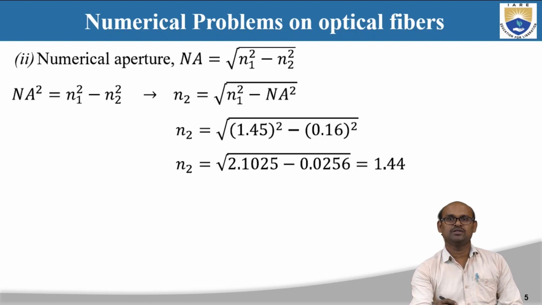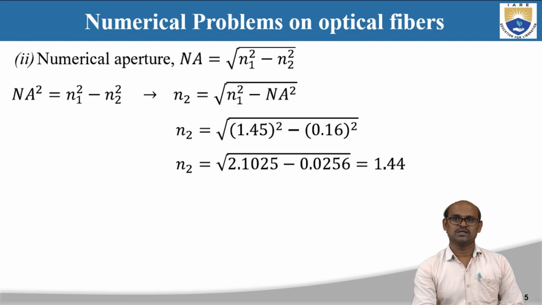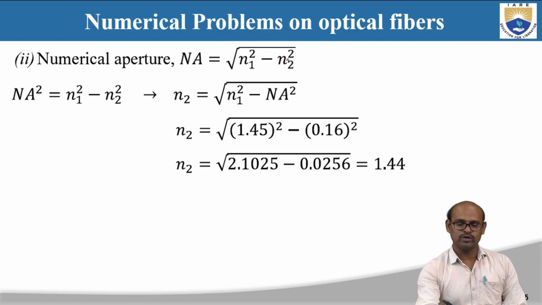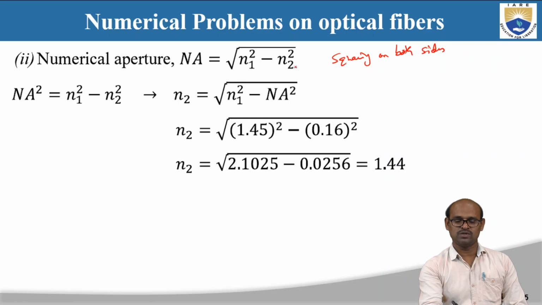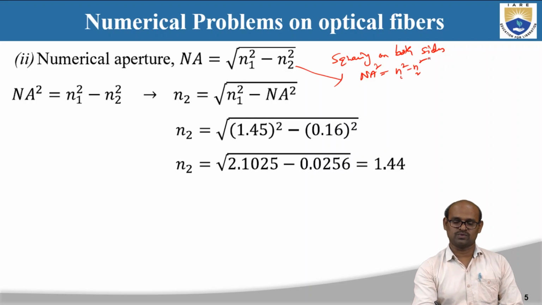Now we need to calculate the refractive index of the cladding. The numerical aperture is defined as square root of n1 square minus n2 square by n0, but n0 is 1 because we are taking the launching medium as air. Squaring on both sides, NA square is equal to n1 square minus n2 square.